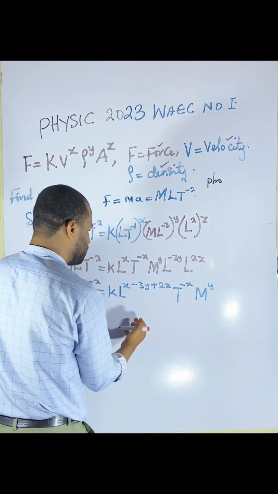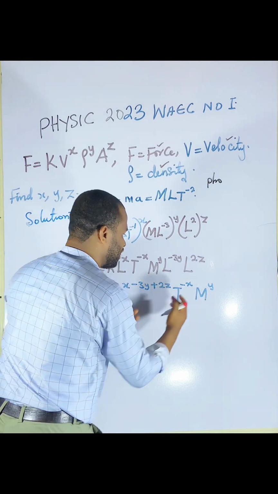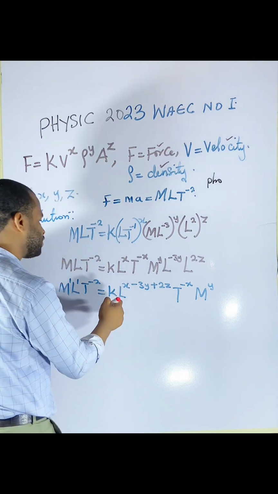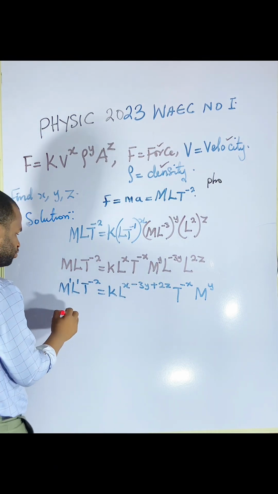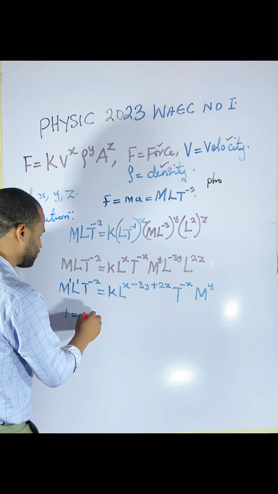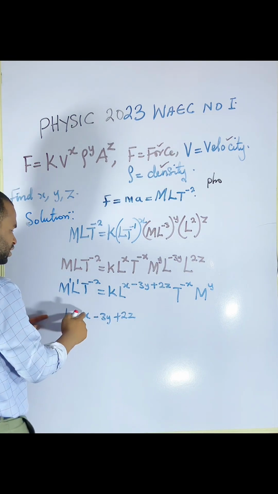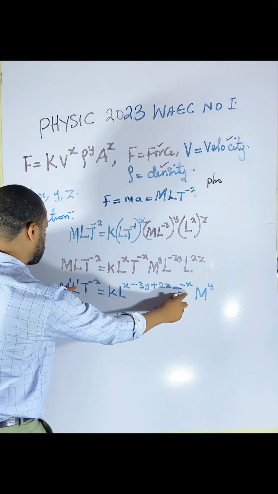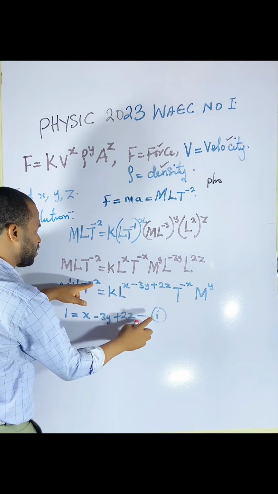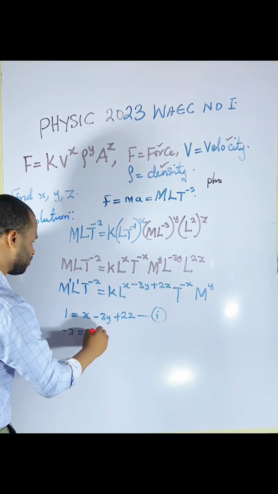So everything has been grouped according to L, T, and M. All the ones that are L will be equal to the power of L, so 1 = x - 3y + 2z. This is the first equation. All the ones that are T will be equal to the power of T, so -2 = -x.